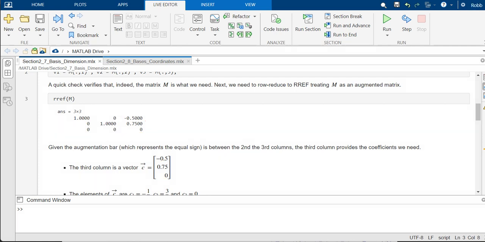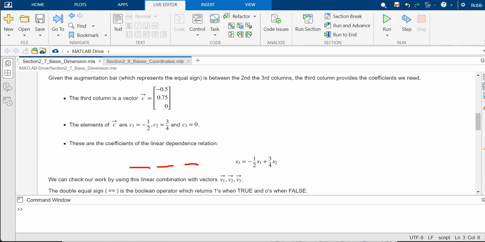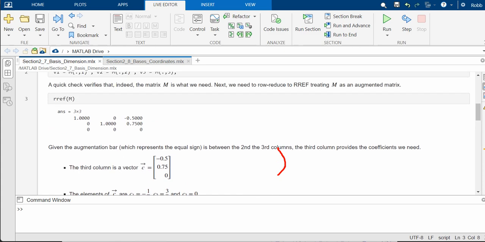These are the coefficients: our coefficient C1 equals -1/2, our coefficient C2 equals 3/4, and our coefficient C3 equals 0. Okay, that's all good. And so we end up with this nice equation. I'm sorry, I should have written C's in here. No, I guess I shouldn't have. Let me see what vectors we're looking at.